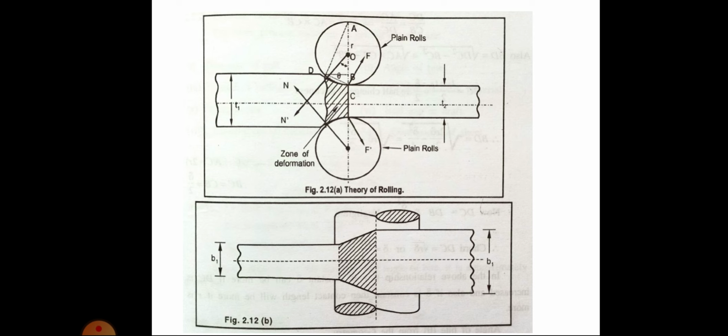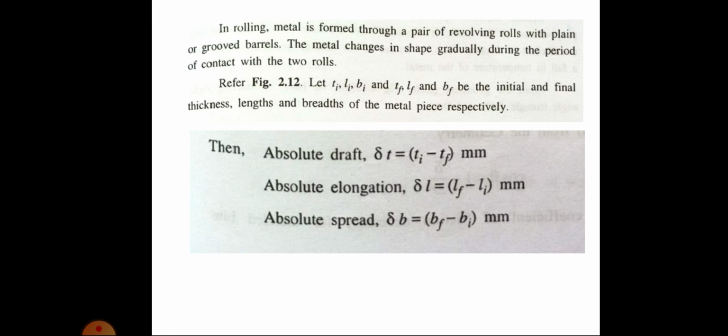From the geometry in the figure, we have, considering right angle triangles DCB and DCA, you can see in the diagram these two triangles. While considering these two triangles, by the properties of triangle, DC by CB is equal to AC by DC.